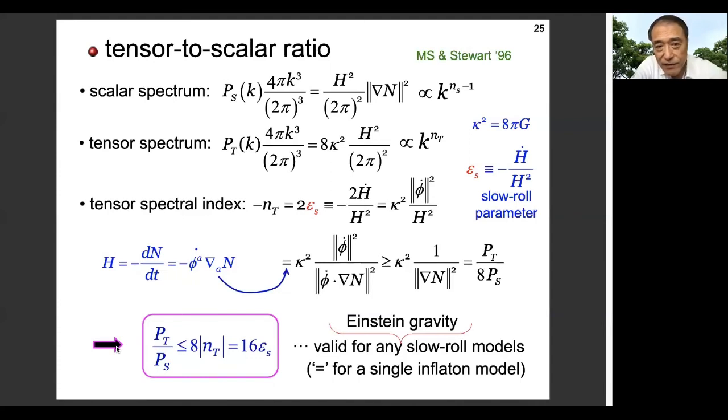Locally in the current universe, actually this is a big problem, because there are lots of contaminants which can produce B mode polarization in the CMB. The most important observational task is to clean or get rid of all these unwanted B modes and to single out the B mode from the very early universe.